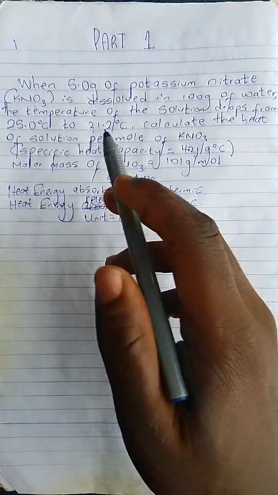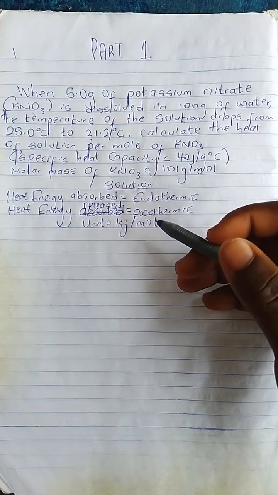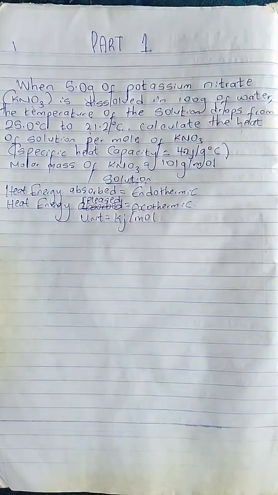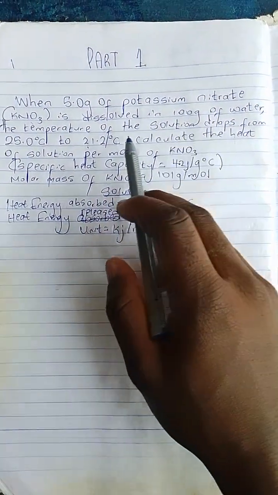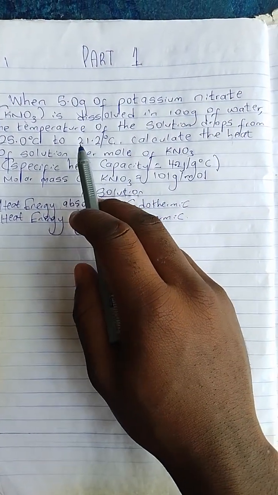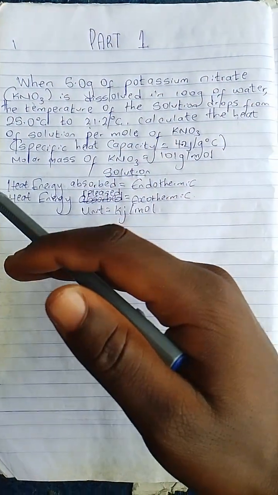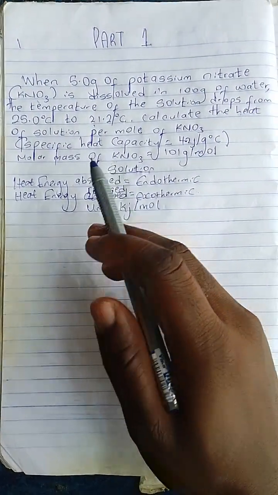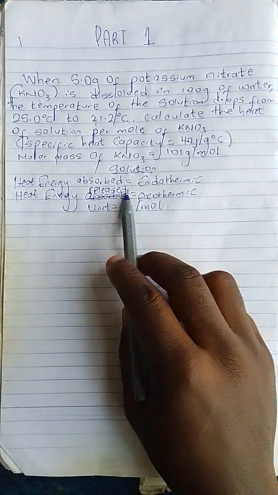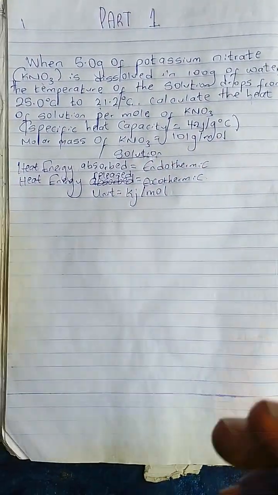But assuming there was an increase in temperature, it would have been exothermic, which indicates that heat has been released. So the solution drops from 25 degrees Celsius to 21.2, and when temperature drops, the surrounding tends to be cool. So heat has been absorbed, and that indicates endothermic. So you can say this question is endothermic.